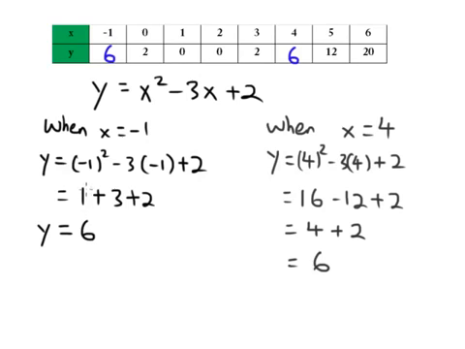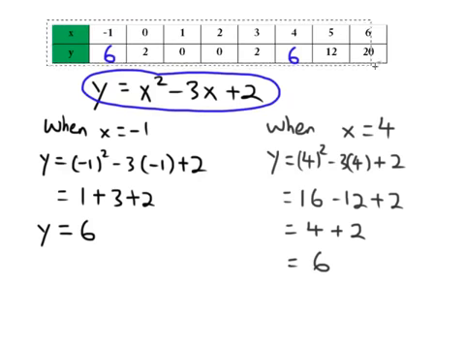After you have completed the table, you need to draw the graph of y equals x squared minus 3x plus 2. So now you have to draw this graph. I will copy the table to the next page.